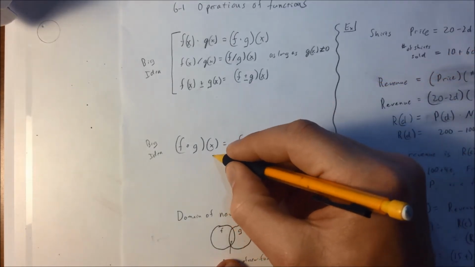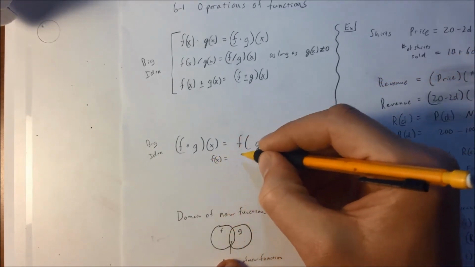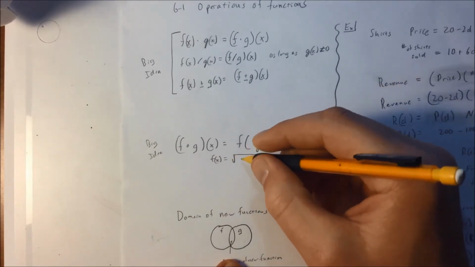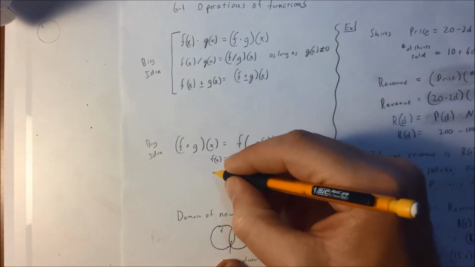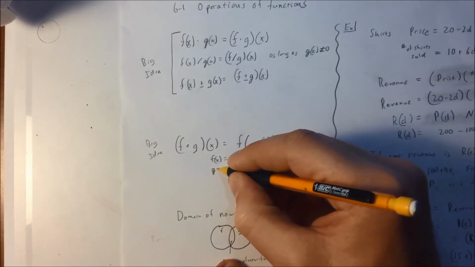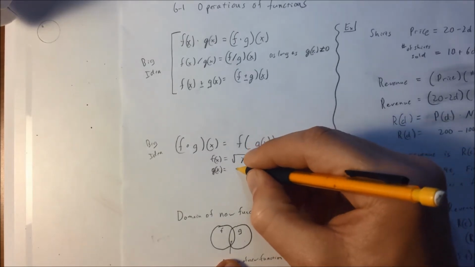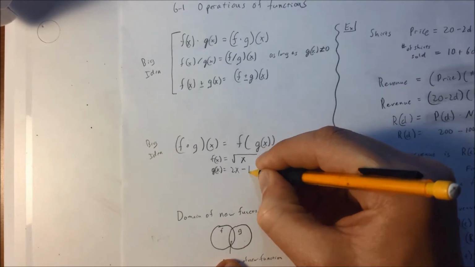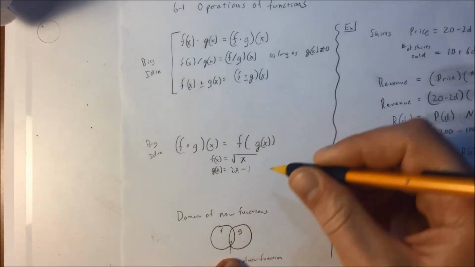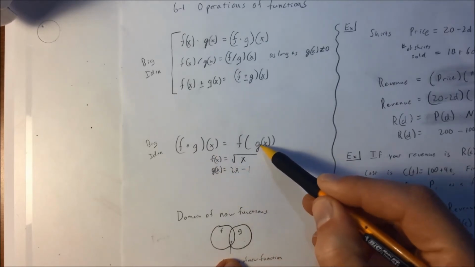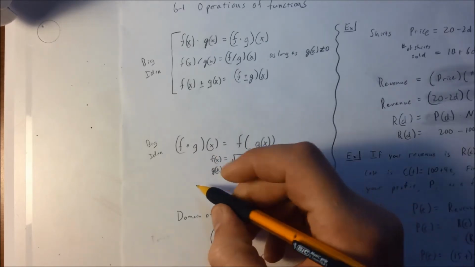For example, if I said f of x is equal to the square root of x, and then I were to say g of x is equal to 2x minus 1, then f of g of x is really just taking g of x and plugging it into f of x.